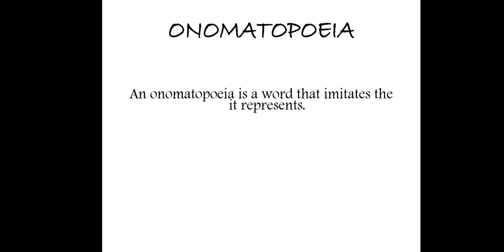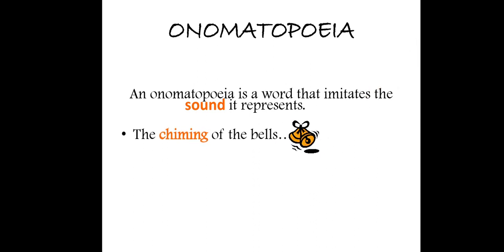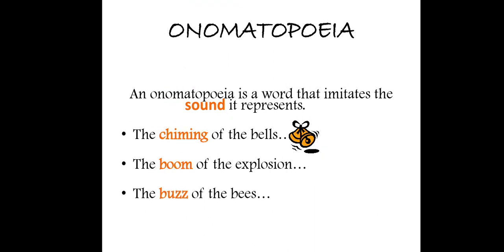Now the next one is onomatopoeia. An onomatopoeia is a word that imitates the sound it represents. They always imitate the sounds. What type of sounds? Like the chiming of the bell, the boom of the explosion, the buzz of the bee.